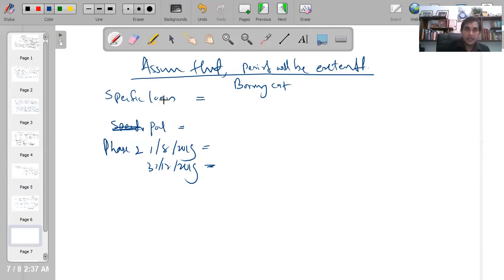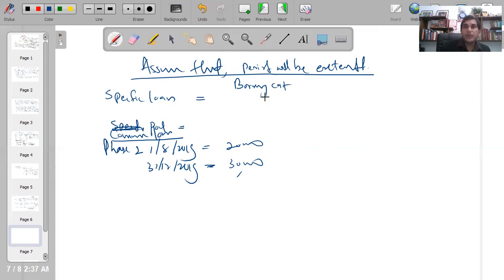But here, the specific loan and the common loan in phase 2, these are the amounts and paid dates. Here 20 million, 20,000, or rather here 30,000, right?